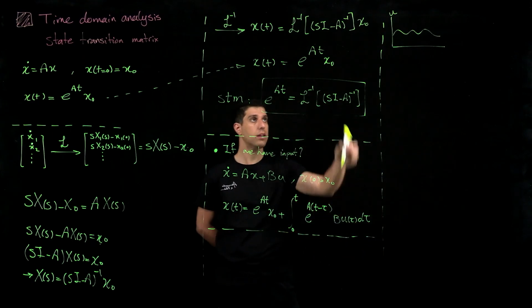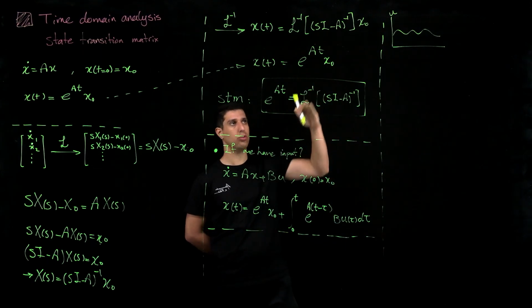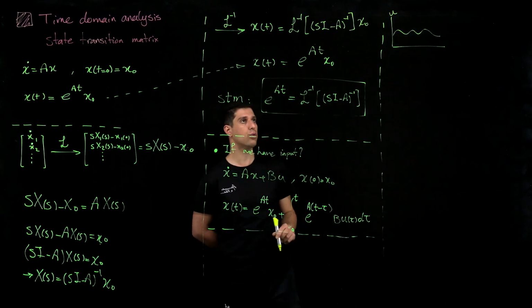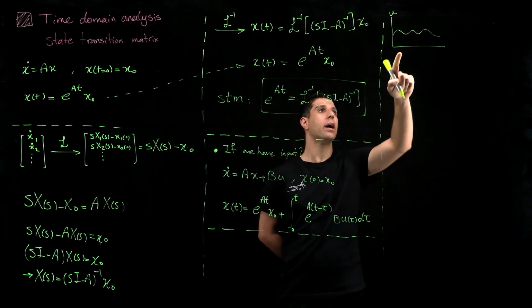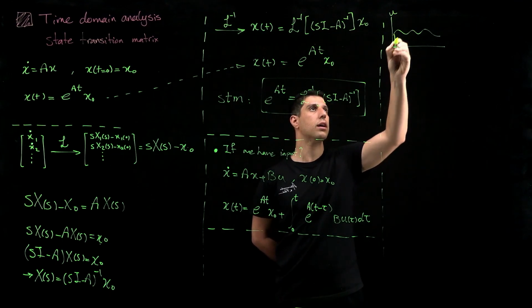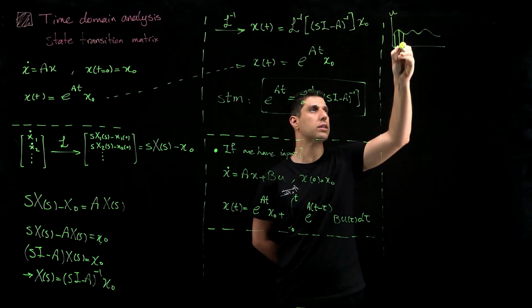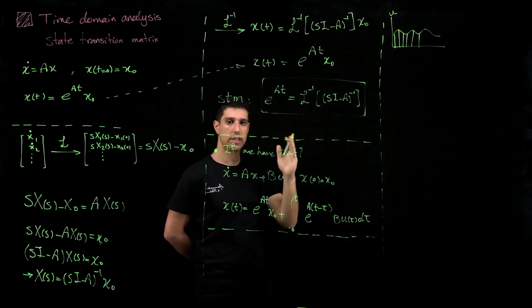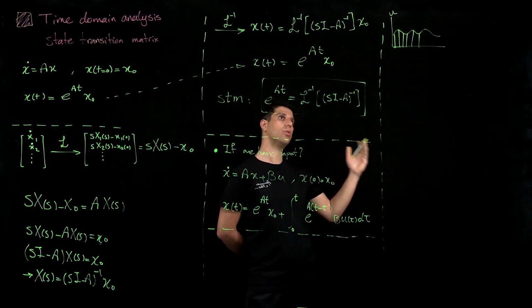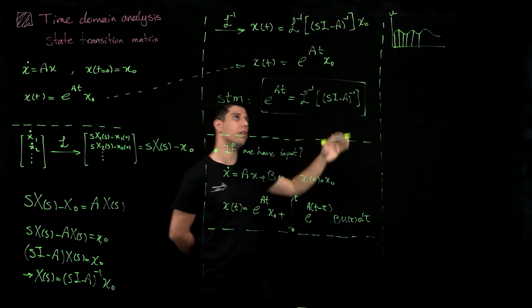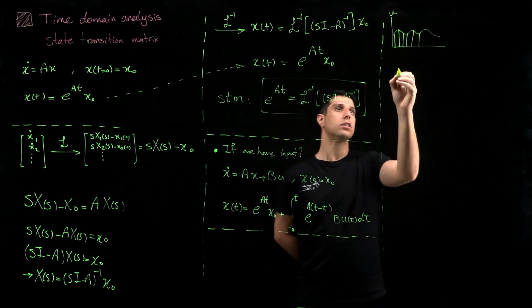This is multi-dimensional, so u could be a vector, but for the intuition, let's look at just a scalar u. This u, I can write as a series of impulses that are stacked next to each other to create this waveform or pattern of u.